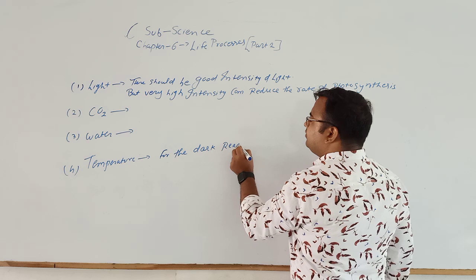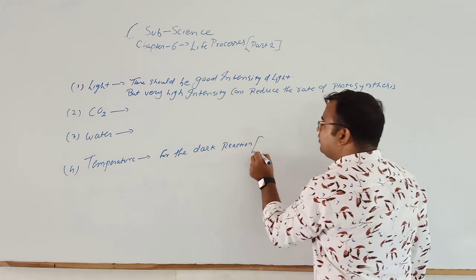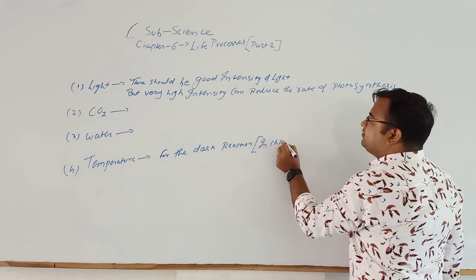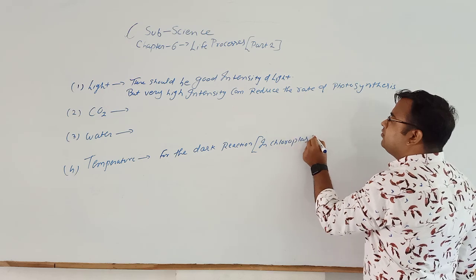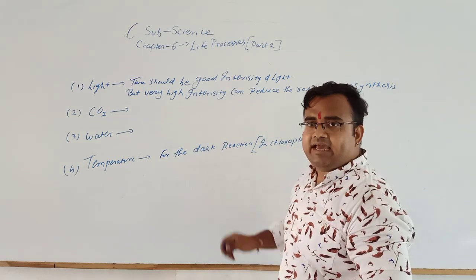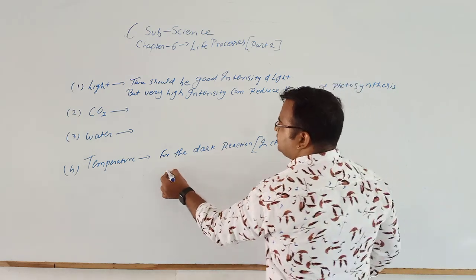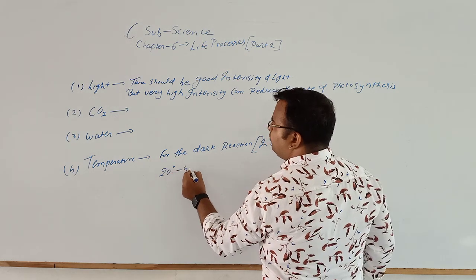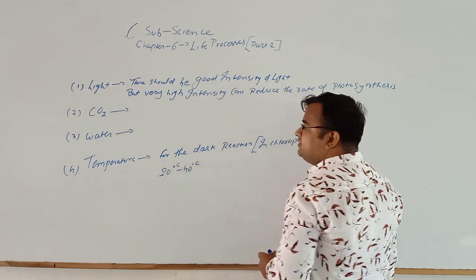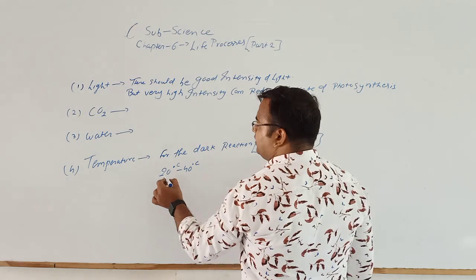And temperature. For the dark reaction in the chloroplast, the temperature should be 20 degrees Celsius to 40 degrees Celsius.